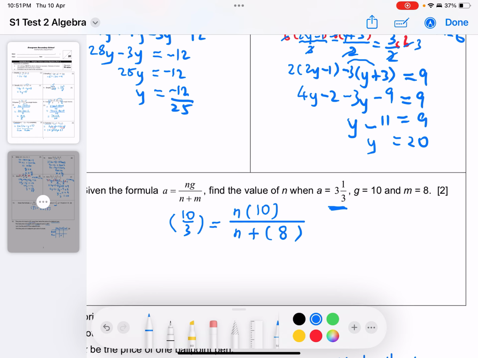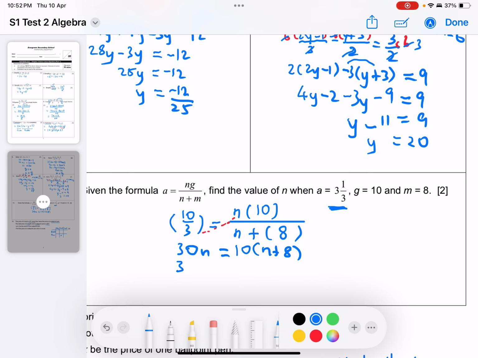So what we have here is a single fraction on each side, so we can cross multiply. So cross multiply meaning multiply diagonally. So multiplying diagonally, we have 10n times 3 is 30n. And on the other side, we have 10 times n plus 8.